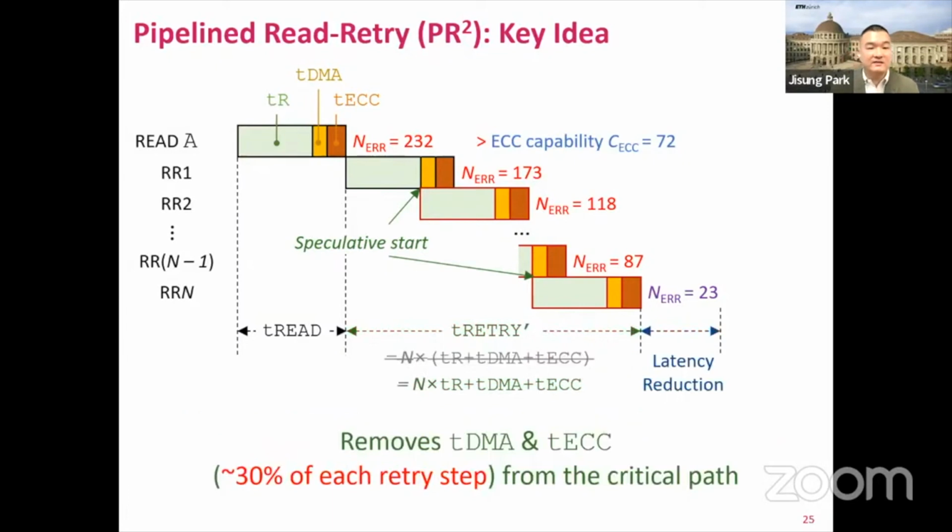This idea is very simple, but can significantly reduce the read-retry latency by removing the data transfer and ECC decoding from the critical path, which actually contribute almost 30% of the latency of each retry step.